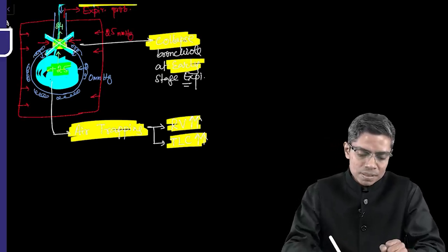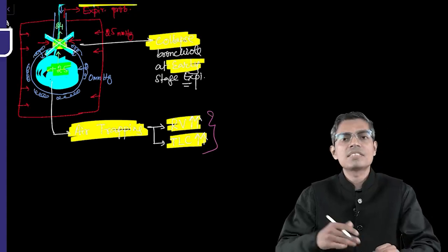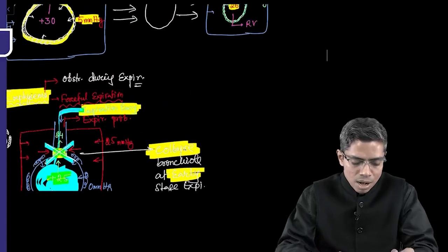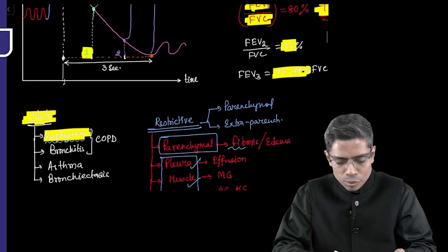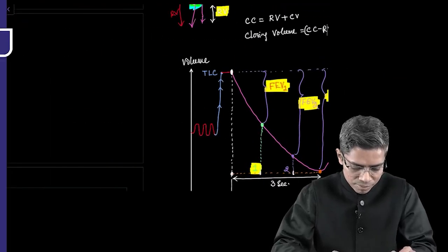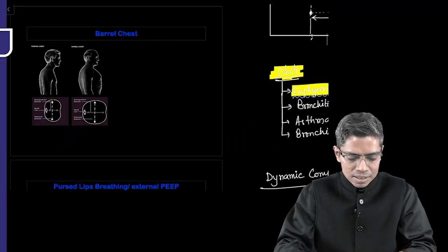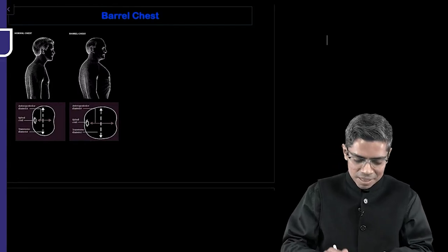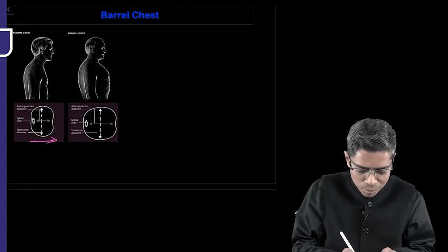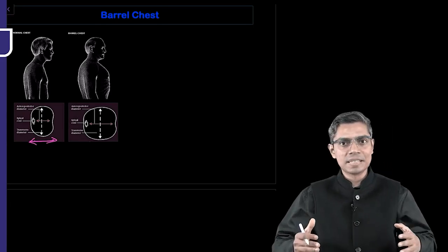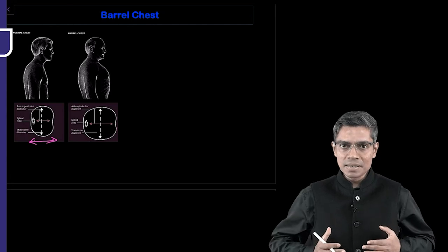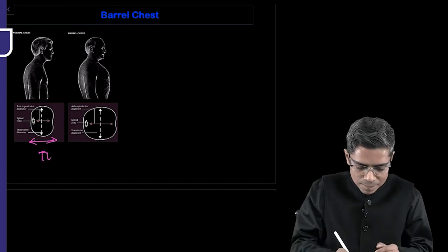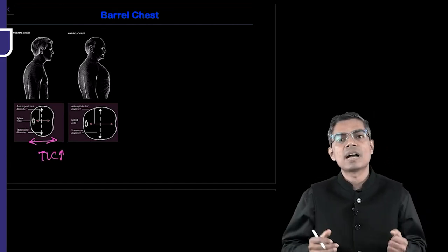Now imagine that a person has been suffering from emphysema for the last 5 to 10 years. His total lung capacity is very, very high. So how is the lung going to accommodate this extra amount of air? That is nothing but an increase in the anteroposterior diameter of the chest wall, right? Normally your lateral diameter is larger, but whenever your lung volume and total lung capacity are rising more and more, how is the chest wall going to accommodate that?